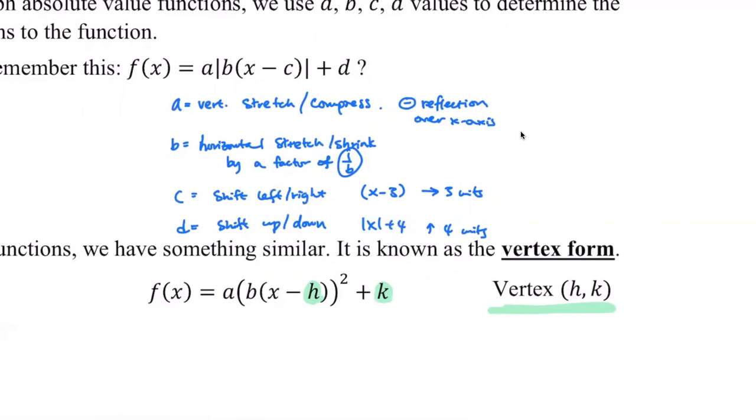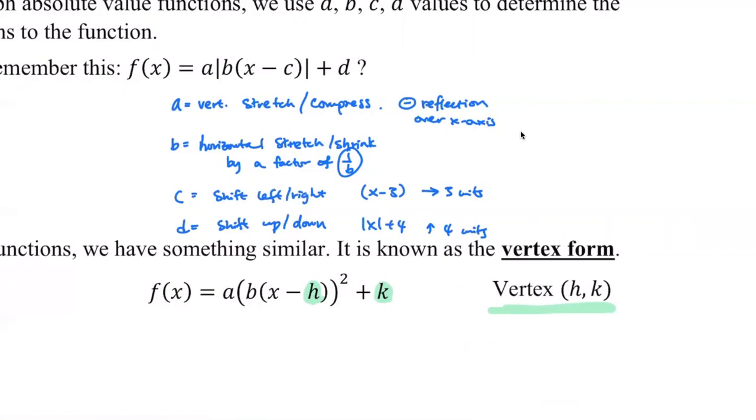But yeah, so this is called the vertex form because we can tell the vertex from the form. Okay, so we have the root form, we have the standard form, and today we are going to have the vertex form. Now, for the vertex form, I want to say a few things before we start. As I said, it's nothing really new. The A, B, C, D, or now A, B, H, and K, they are practically the same thing.